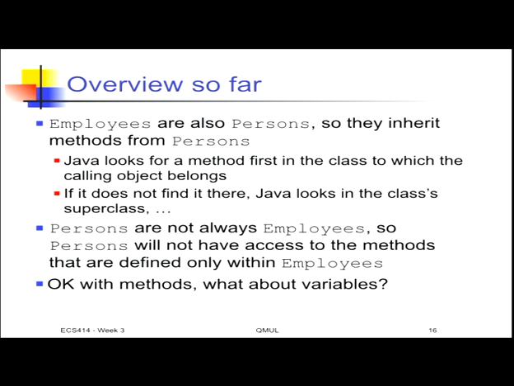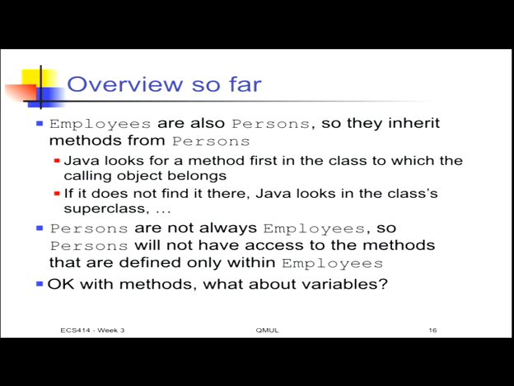So this is the basis of inheritance. In this example, employees are also persons, and so they inherit the methods from the superclass Person. The way Java works is that whenever there is a call to a method, it will look for the method first in the class which is the type of the object, and if it doesn't find that method there, it will look in the superclass.